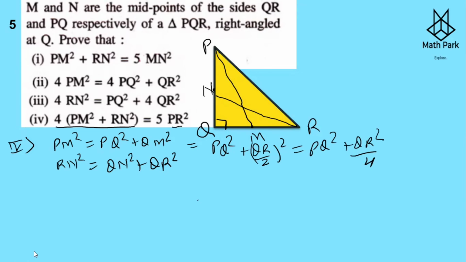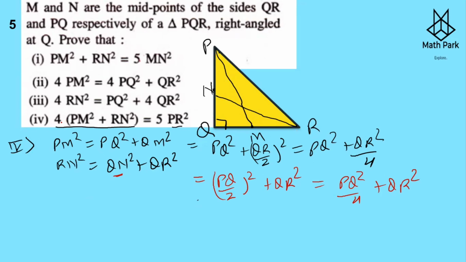Now in the same way, let us simplify this RN square. In RN square, we have QN square; QR is already there; QN we will write in terms of PQ. So QN is nothing but PQ upon 2 the whole square plus QR square, which is PQ square upon 4 plus QR square.